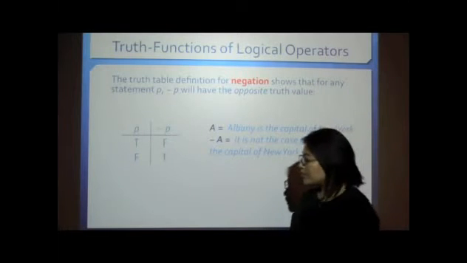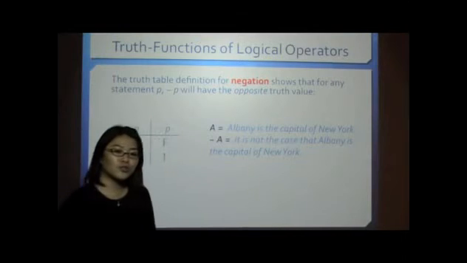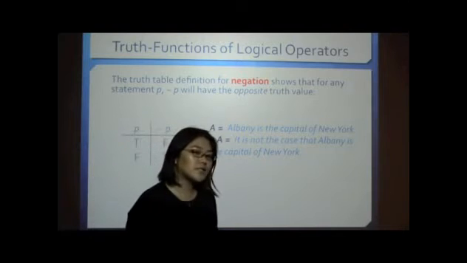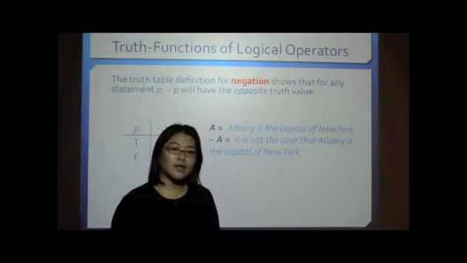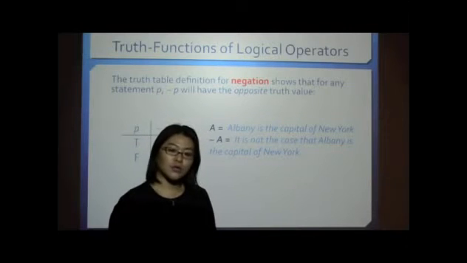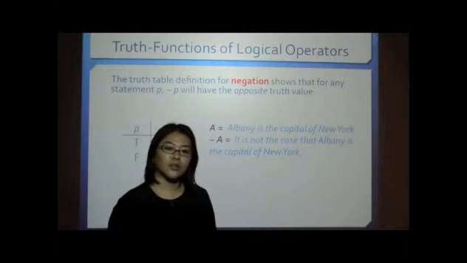Okay? Now, the first thing that we want to discuss is the idea of truth functions of logical operators. Remember we said that logical operators like the negation tilde, the conjunction dot, the disjunction wedge, the conditional horseshoe, and the biconditional triple bar are all truth functions.